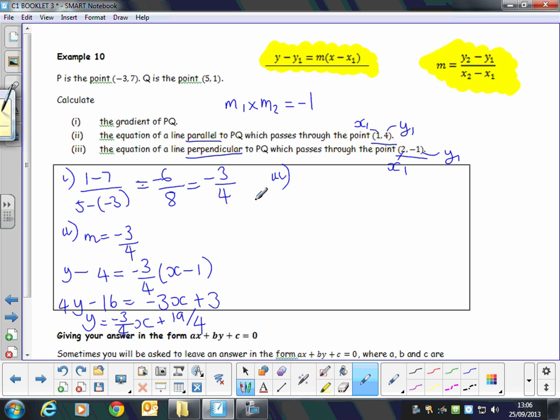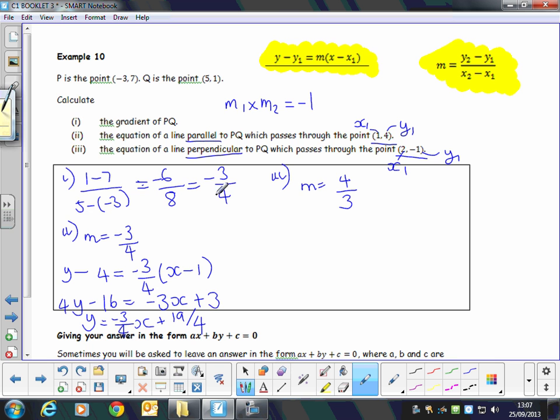So if you remember the previous example, we looked at two lines which were perpendicular to each other, and we discovered that when we multiply the two gradients together of the two perpendicular lines, it equaled minus 1. So the gradient of this perpendicular line, when multiplied by the gradient of PQ, which is minus 3/4, should give us minus 1. So the gradient will be 4/3 of the perpendicular line.